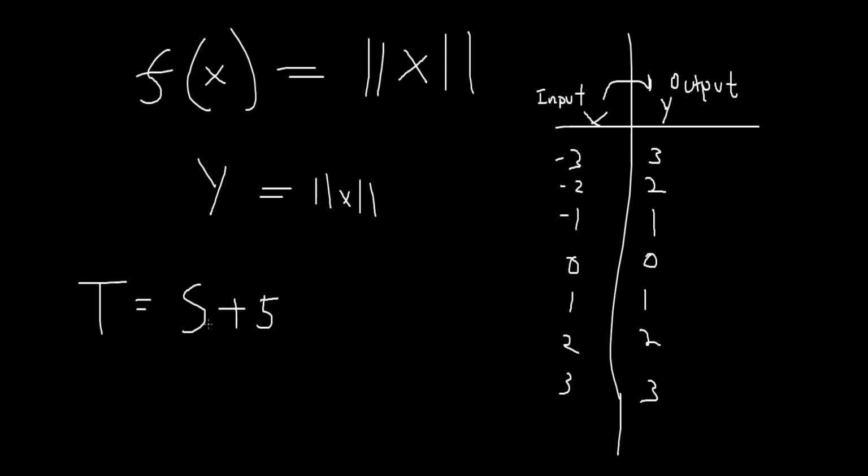However old my sister is, if you add 5, you get my age. Now, there's some algebra you can do to play around with that so that you could just know my age and then get my sister's age. But the point is, this is a function that puts my sister's age into the equation and tells me my age. Now, I don't necessarily need this in everyday life. It's just an easy example to go with.